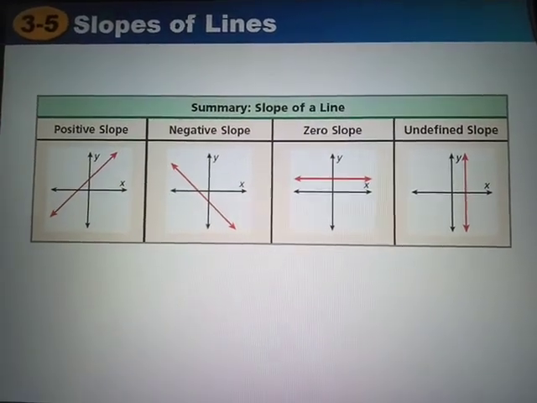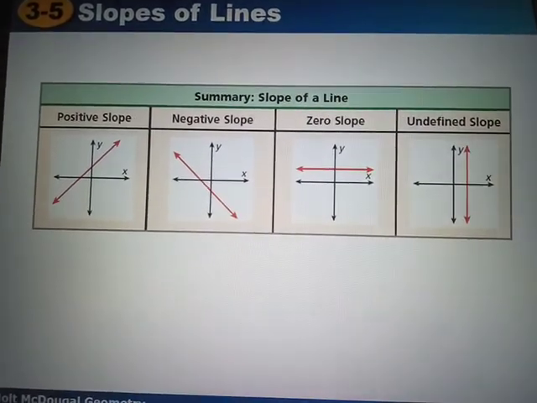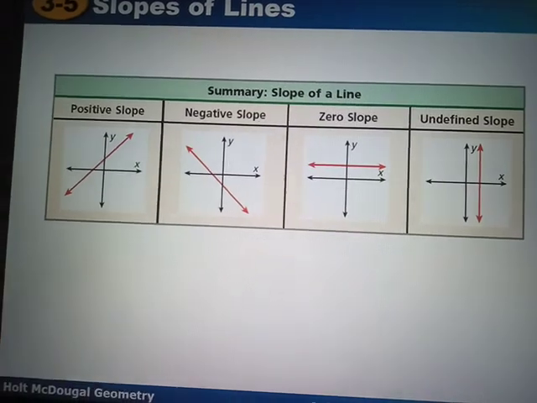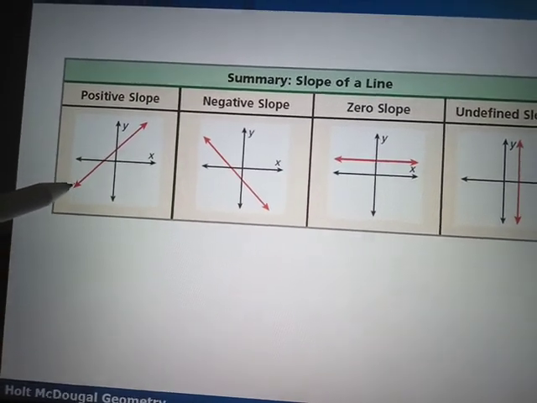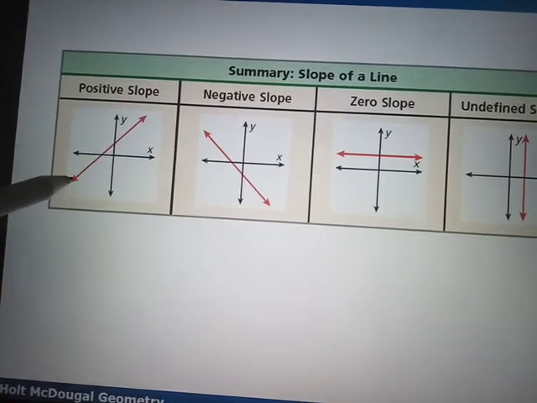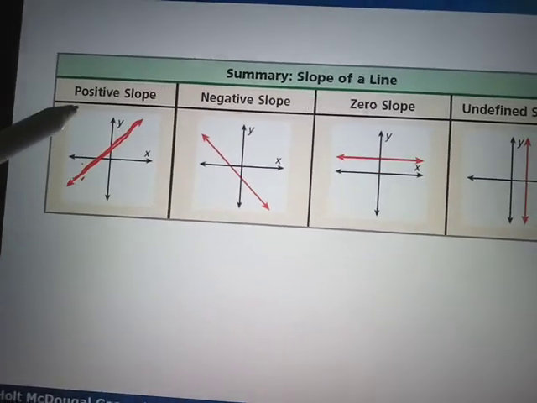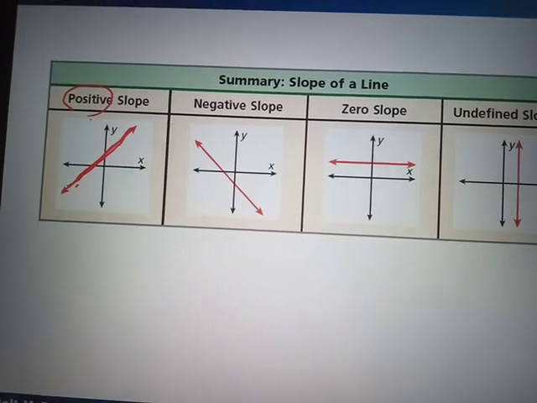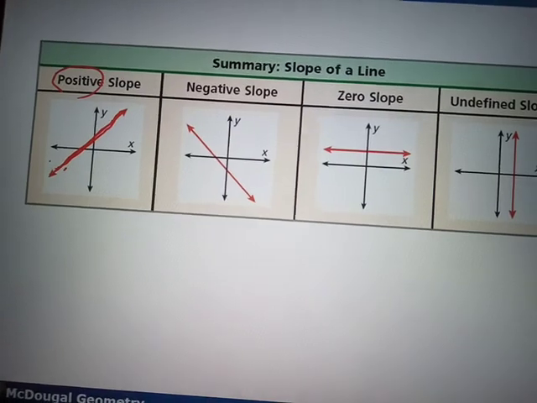It's very important to know the slope for any line. If the line from left to right is increasing or going up, the slope is always positive. So this line has a positive slope.